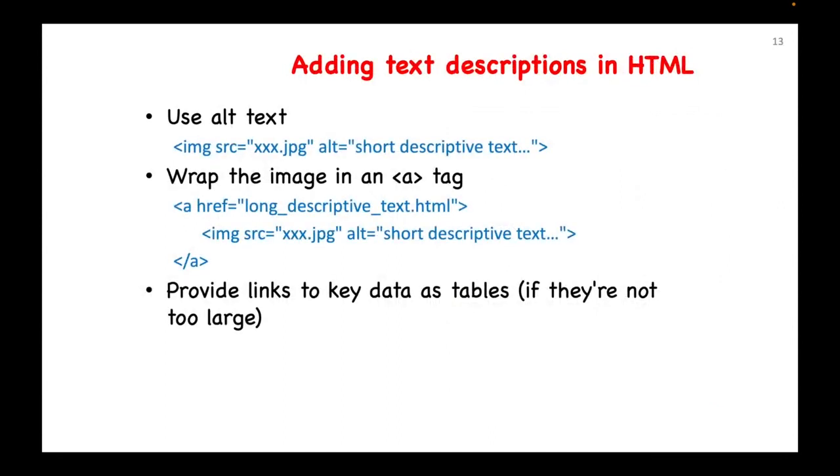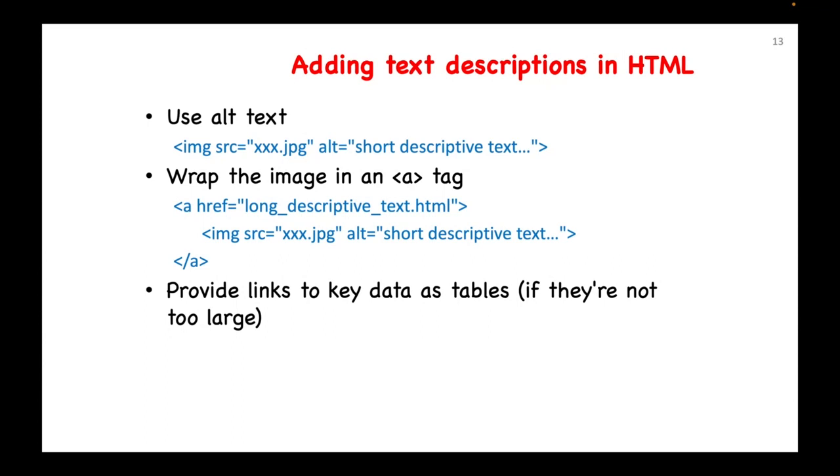So what can we do to help things? For a start, again, it is a standards requirement. When we have an image, we have to provide some sort of short descriptive text. Okay, so it might be a UEA logo or something, or it might be image of person in swimming pool looking at computer looking surprised.